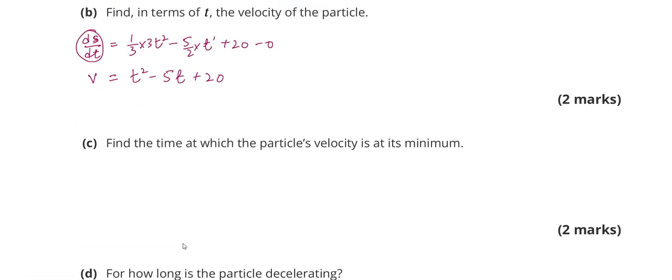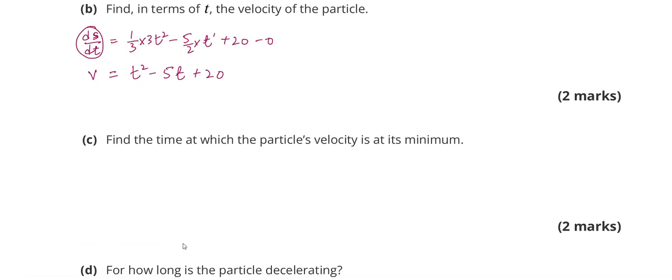Then it says find the time at which the velocity is at its minimum. So how do we say that velocity is minimum? Wouldn't we do how we find the minimum point?